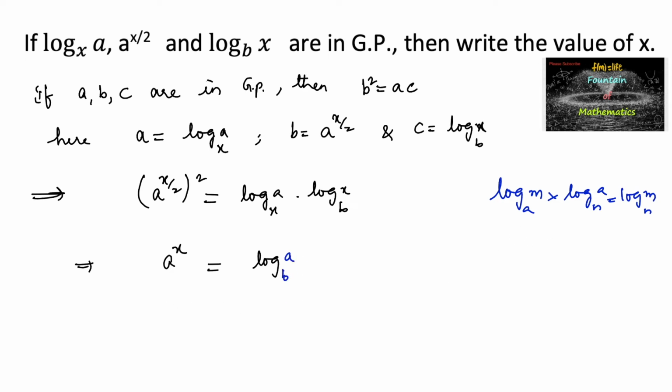And also converting logarithmic form to exponential form, if a to the power m equals n, then this can be written as log n to the base a equals m.